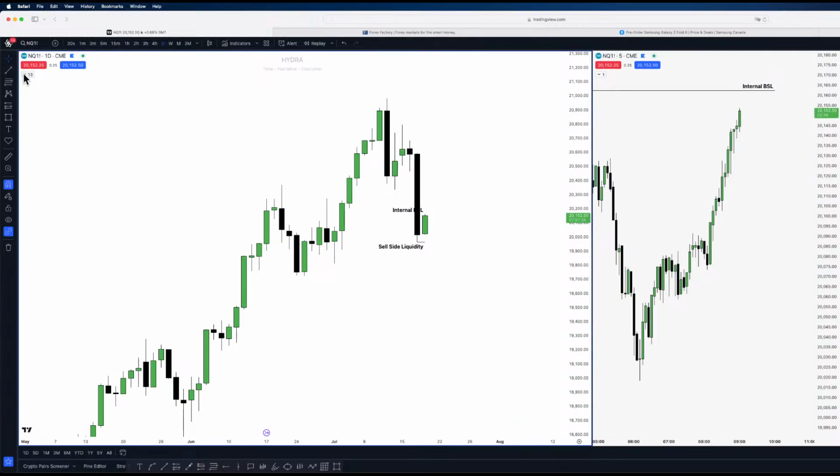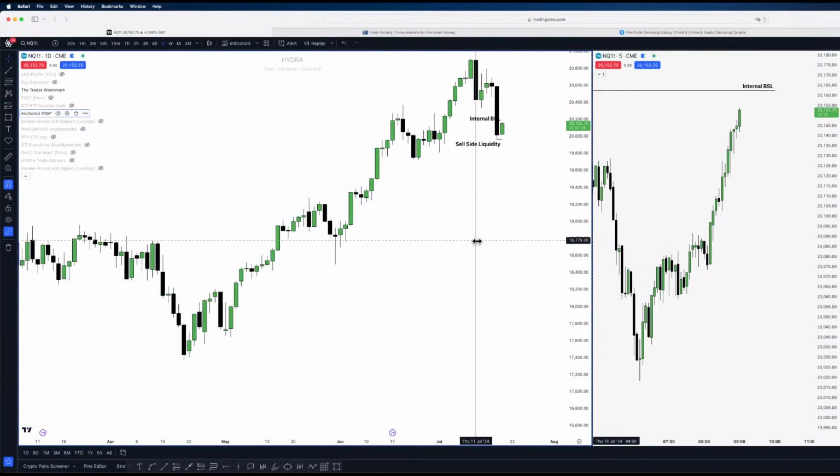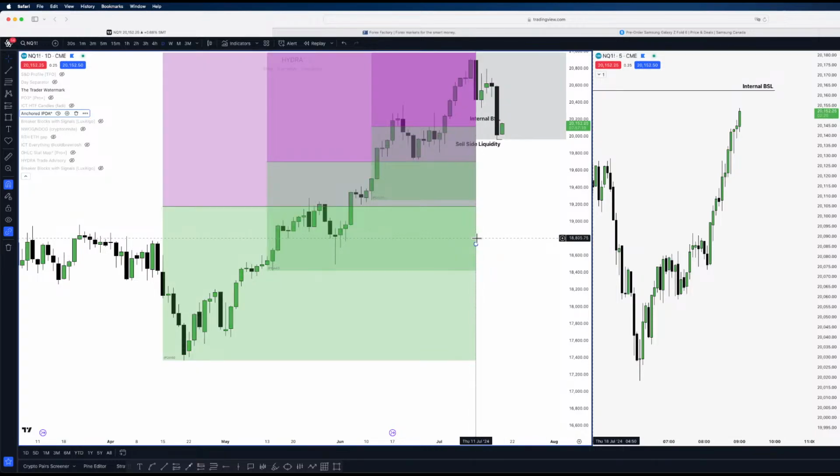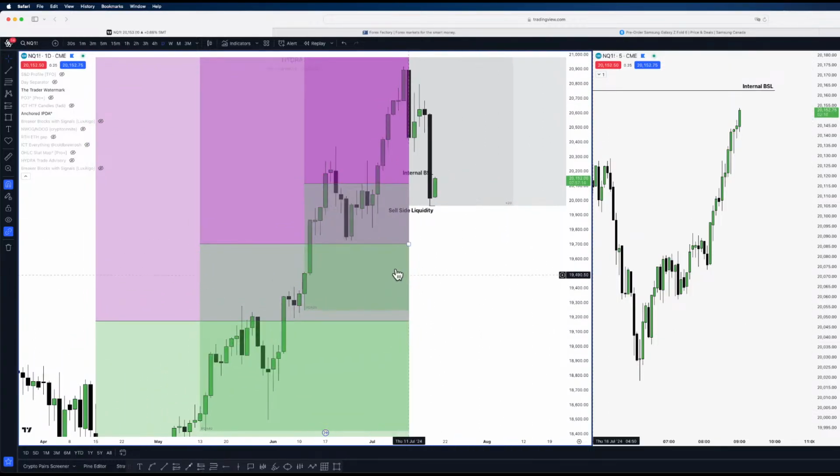If I put my IPDA indicator, let me check. I haven't checked yet. Oh, well, our 20-day low is way lower.